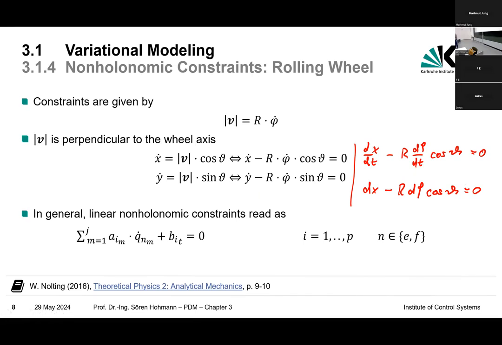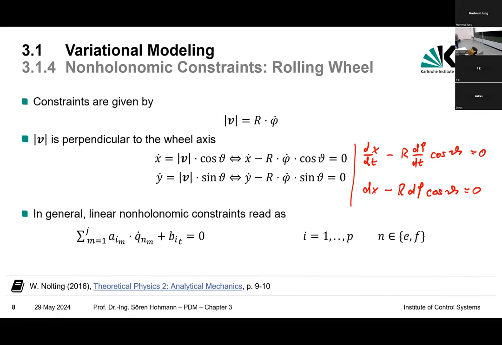So physically speaking it means that there's a constraint in the derivatives, a constraint on the infinitesimal values of the x and phi values of the state variables, right? And these are also called non-holonomic constraints.